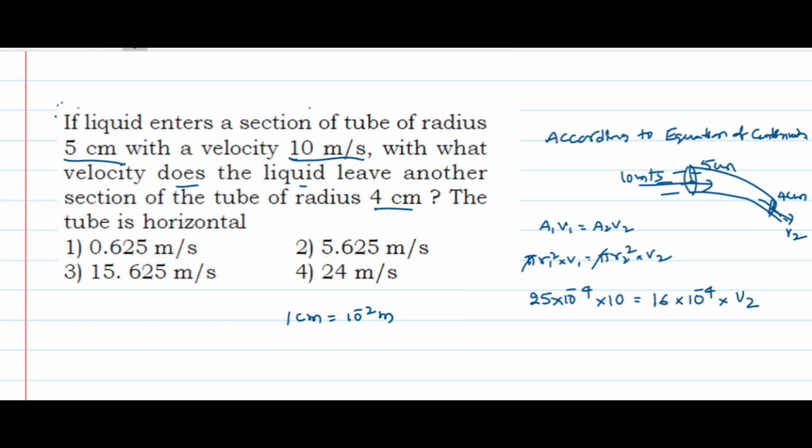So 10 power minus 4 gets cancelled. Therefore V2 equals 250 by 16, so the answer is 15.625 meter per second. 15.625 is the correct answer.